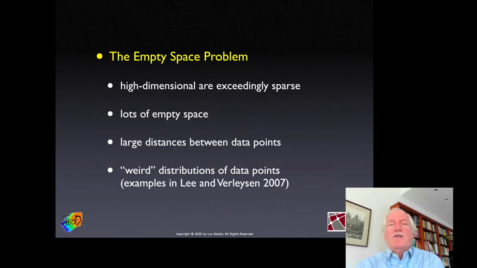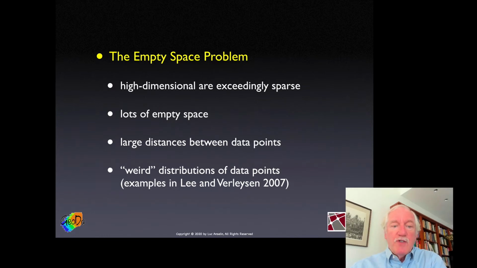Also, there are some weird things going on, and this is a little bit technical, but once you start thinking about 4-dimensional, 5-dimensional and 6-dimensional spaces, we have a hard time imagining this. Maybe some people can, most people can't. One of the characteristics of the data points in such spaces is they tend to move towards the edges, and that complicates this empty space problem, and it definitely complicates the search for clusters of like observations.